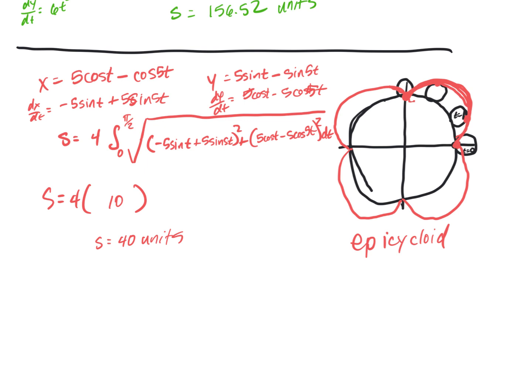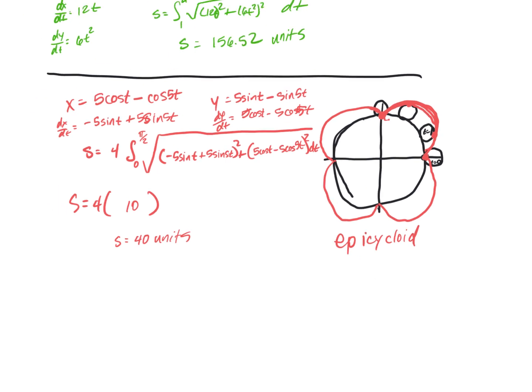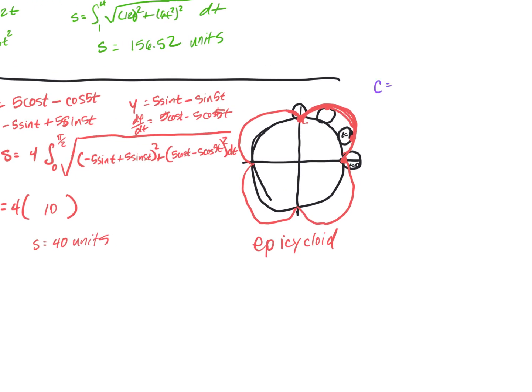Let's see, the circumference of the big circle would be 8 pi, right? And the circumference of the little circle would be 2 pi. Hence, it goes around it exactly 4 times. Does that make sense?